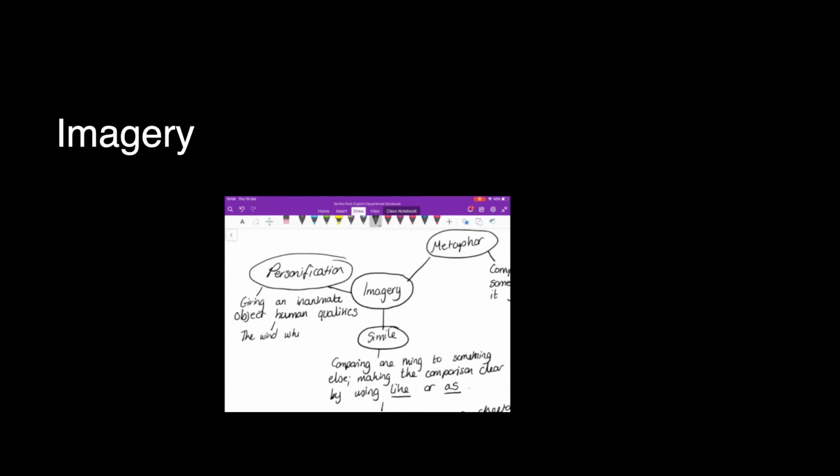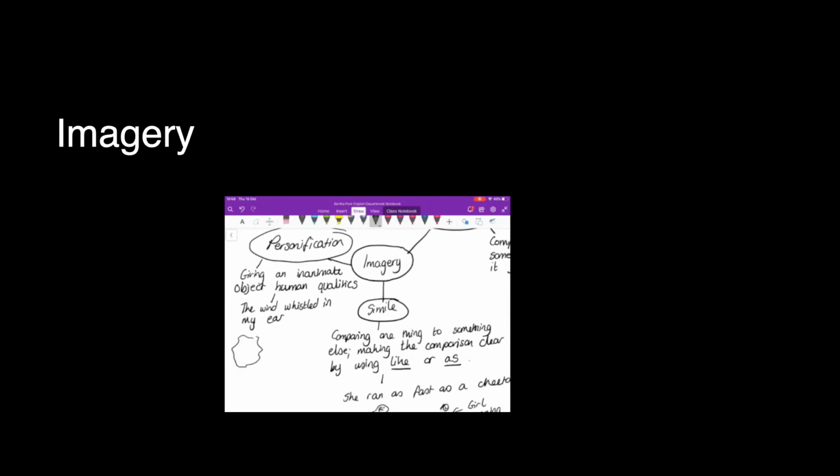This time the comparison is between the noise that the wind is making and the sound of whistling. By giving it human qualities, it almost sounds like the wind is doing this on purpose just to annoy you. So metaphor, simile, personification are the three main techniques that we talk about when we're studying poetry, and we ask you to look out for the imagery.